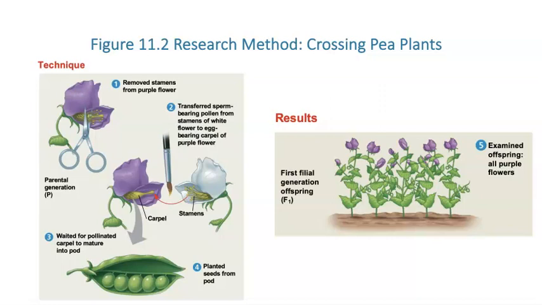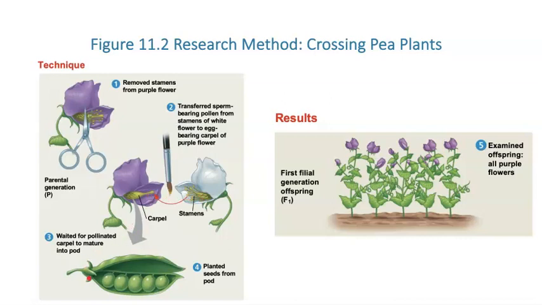So what he would do is cut off the male parts of the flower, take a paintbrush, and dust the pollen onto the female parts of the flower. Now the pollen comes at the end of the stamen, and the female parts, there's an ovary, but this whole thing is called the carpel. So male stamen, female carpel.